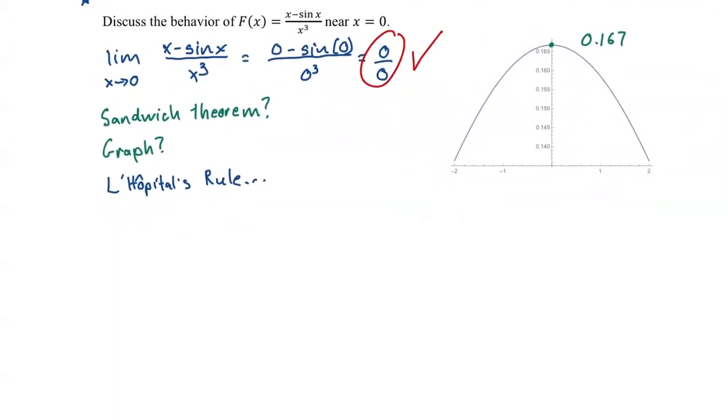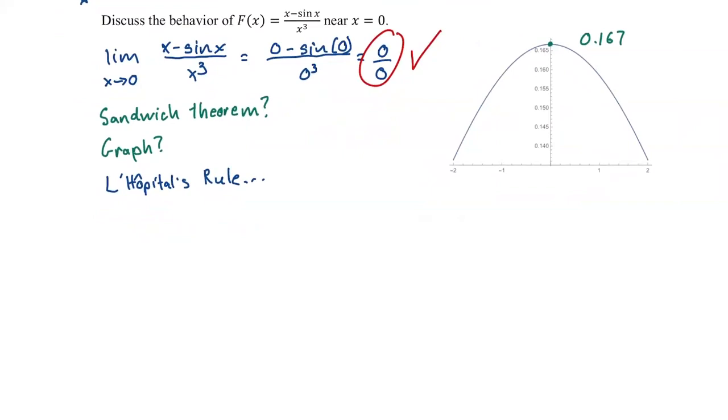With L'Hôpital's rule, we consider the numerator and the denominator separately. Let's take the derivative of the numerator. The derivative of x minus sine of x is 1 minus cosine of x. I'll write it down for reference: the limit as x goes to 0 of x minus sine of x divided by x cubed.